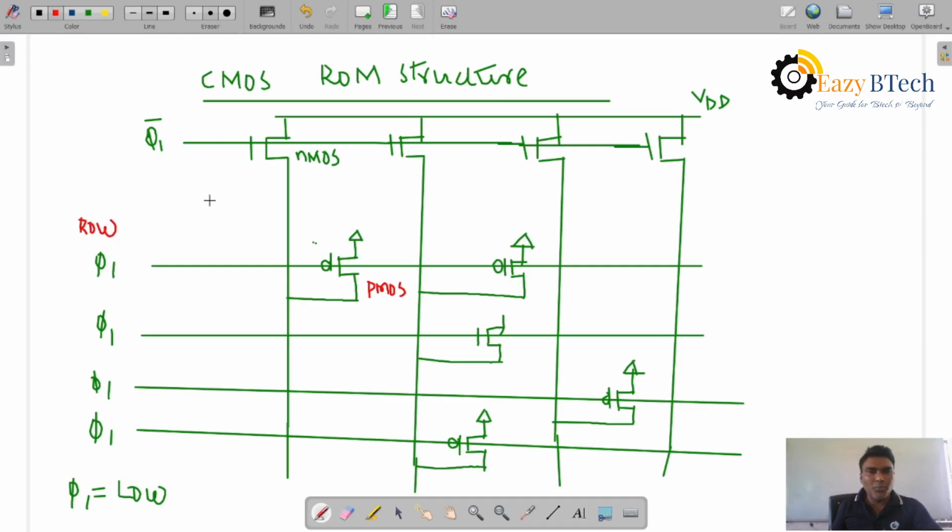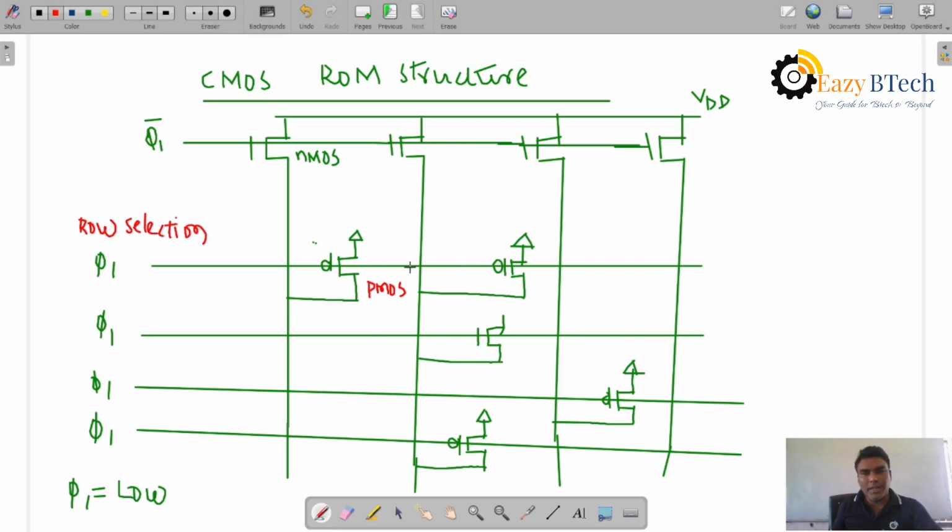According to the address, the output address lines are connected over here. Each row stores 1 bit per transistor, so according to the number of transistor columns, the data is stored.